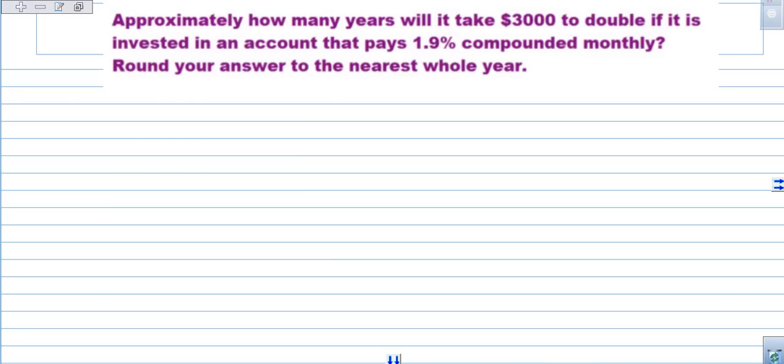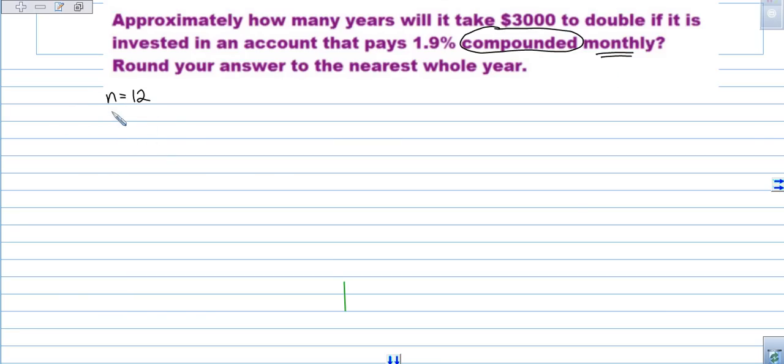Alright, so go ahead and pause the screen, work this question out, make sure you know how to do it, and then when you unpause it, I'll get to solving it. Alright, so it does say compounded, and it says monthly, which means our N equals 12.